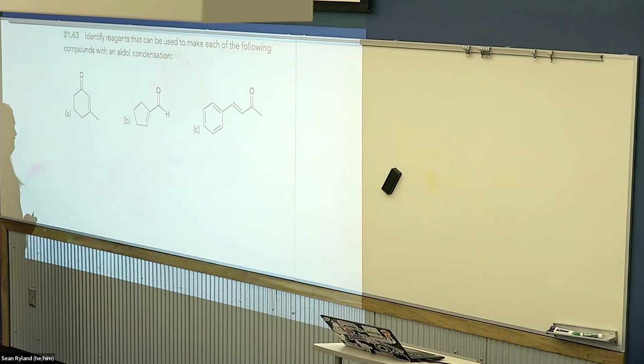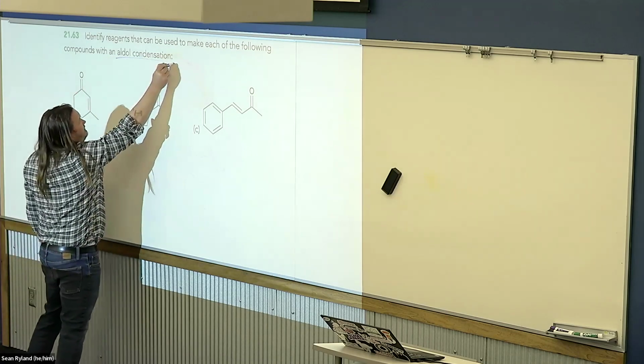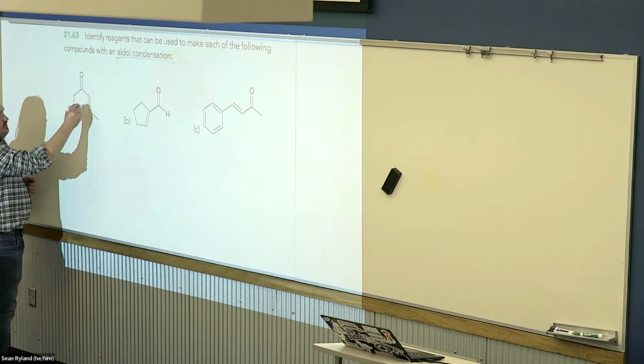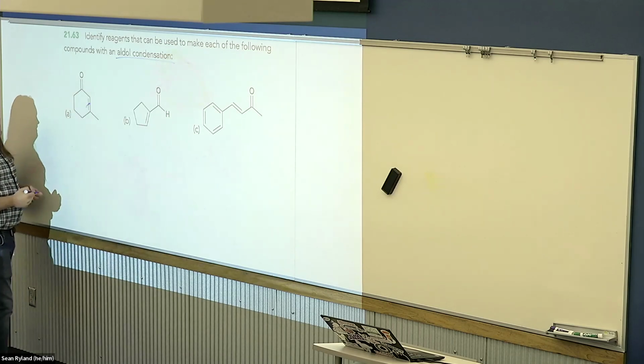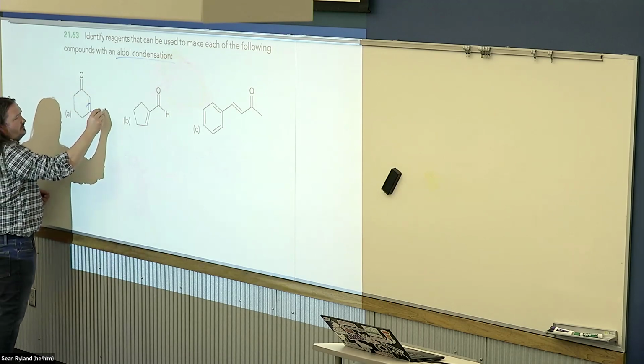So when we wind up with one of these alpha beta unsaturated products, especially if we're saying it came from an aldol condensation, then we just want to work backwards. So we broke that pi bond. And the OH doesn't go on the alpha carbon, it goes on the beta carbon.